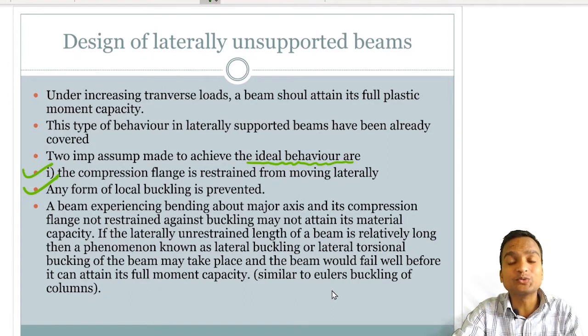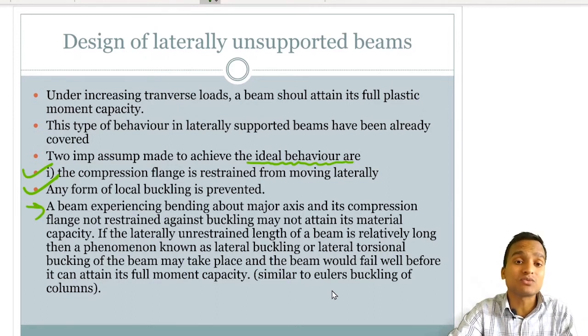So these are the two assumptions to achieve this ideal behavior, but in the real case many beams are laterally unsupported, and a beam experiencing bending moment about the major axis with its compression flanges not restrained against buckling may not attain its material capacity.